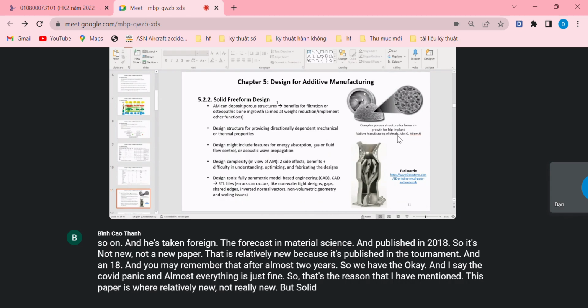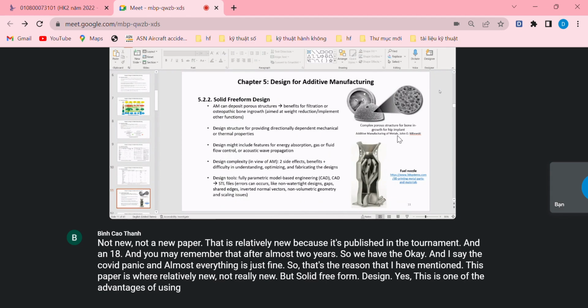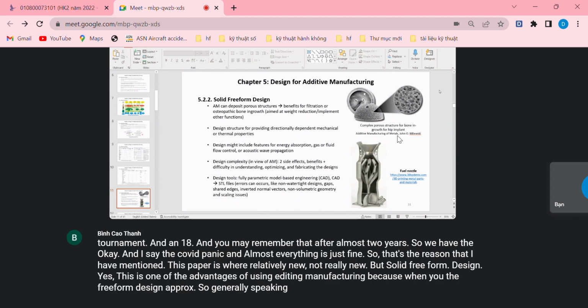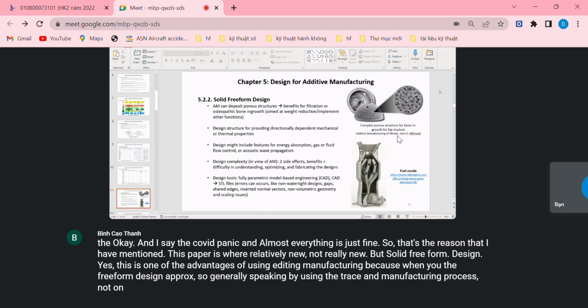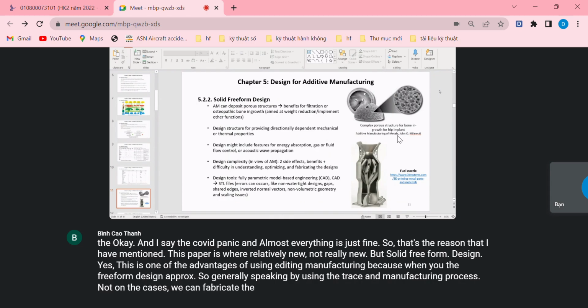Solid freeform design: this is one of the advantages of using additive manufacturing, because when you use the freeform design approach, generally speaking, with traditional manufacturing processes, not all cases can we fabricate the part.